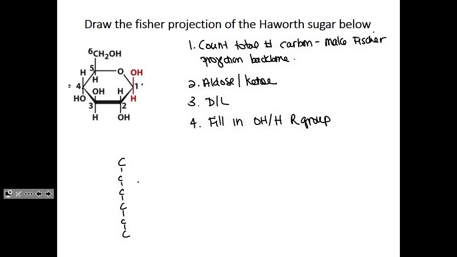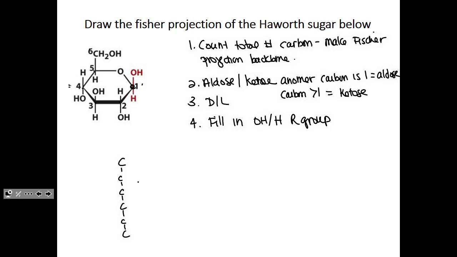Determine whether you're working with an aldose or a ketose. Remember, if your anomeric carbon is carbon 1, it's an aldose, it came from an aldose. If it's any other number, so carbon greater than 1, it originated from a ketose.